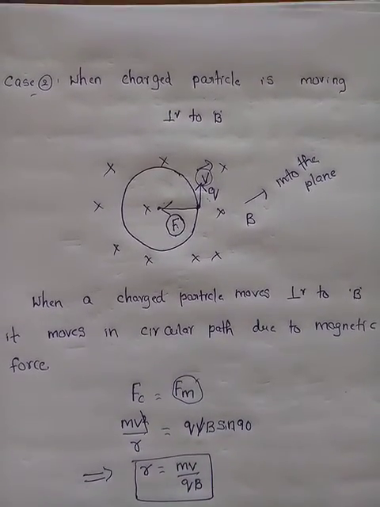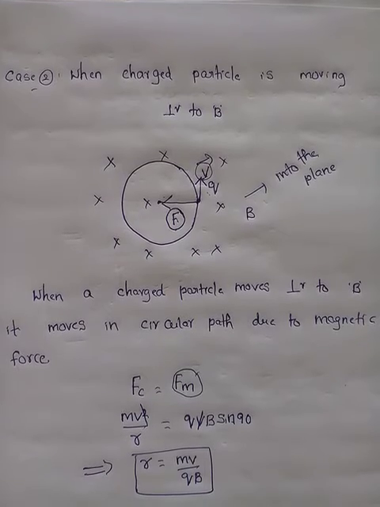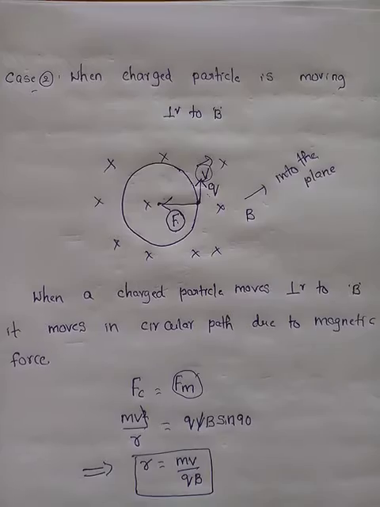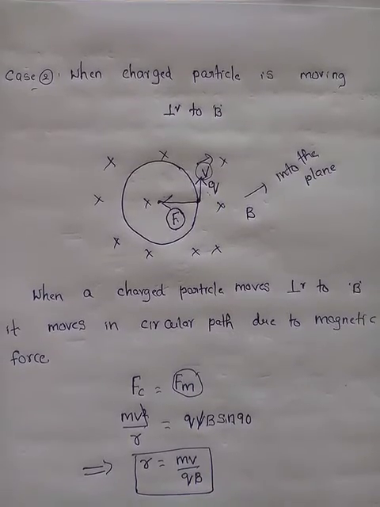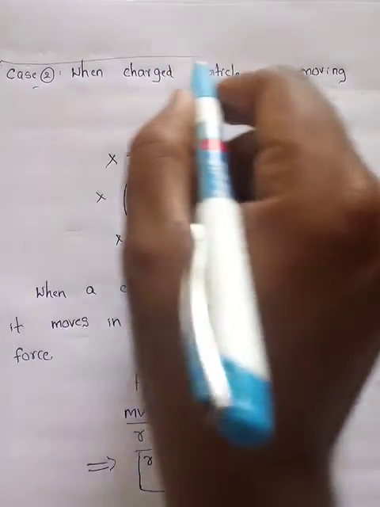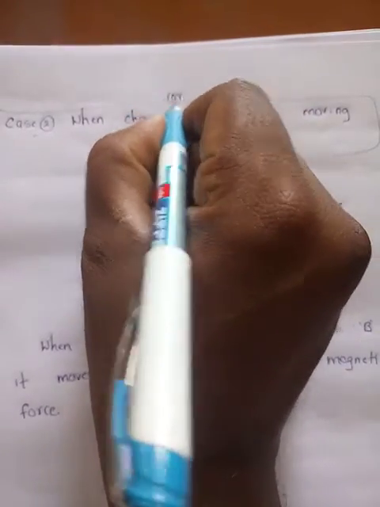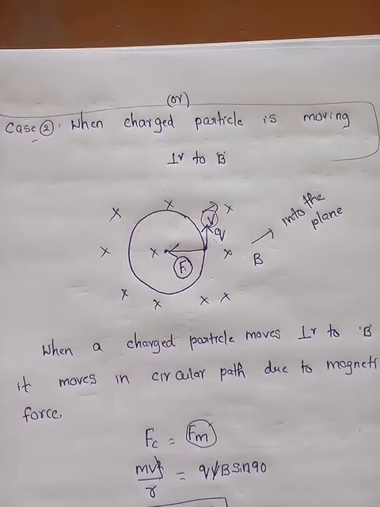So the question they can ask is: derive the expression for radius and angular frequency of circular motion of a charge in a uniform magnetic field. So they won't ask just this case. So I am writing here, because what is the question they are going to ask here?